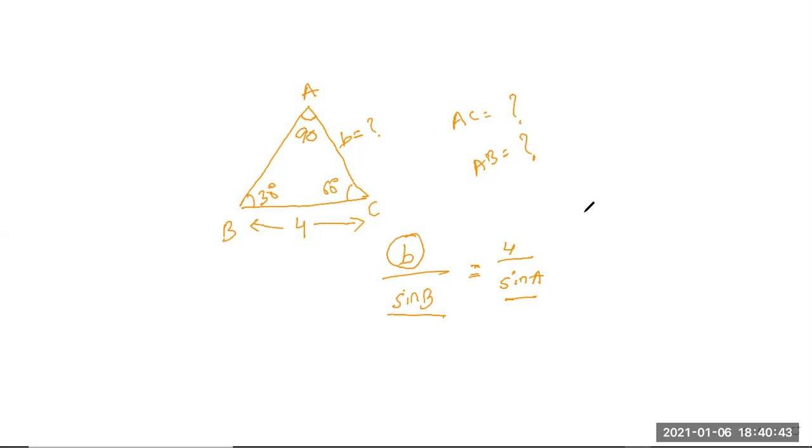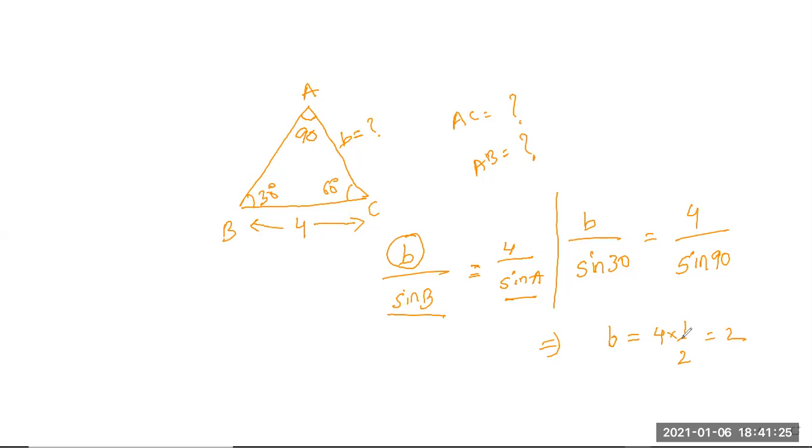It is 4 by sine 90, and this is b by sine 30. So b is 4 into sine 30, and sine 30 is 1 by 2.